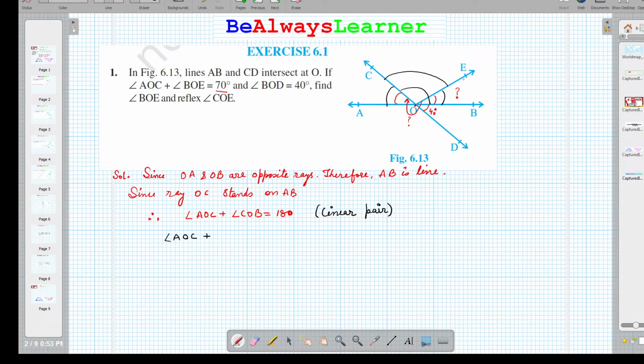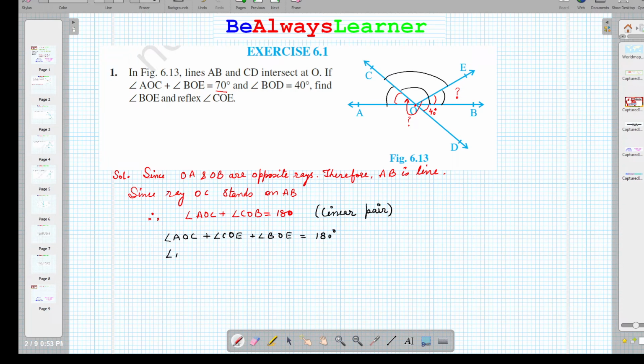So one is COE, another is EOB. So we can write angle COE plus angle BOE equal to 180 degrees. Fine.